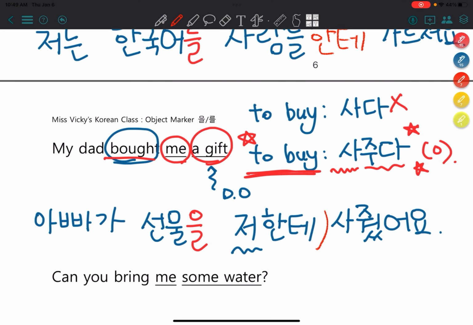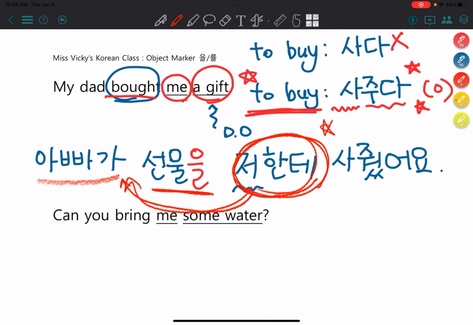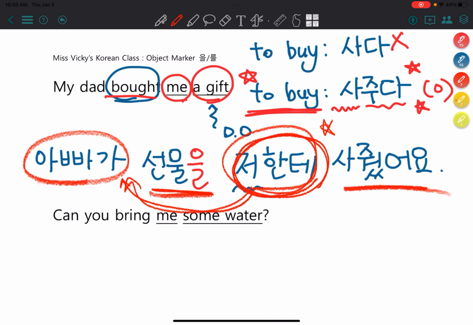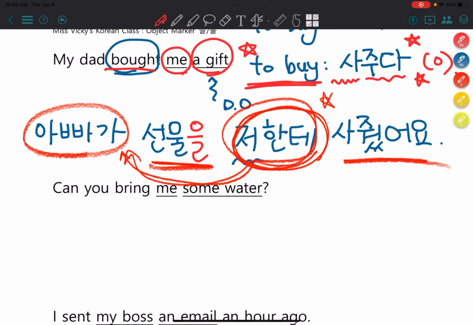Or actually guys, you can also put 저한테, the receiver, in front of the direct object. So you can also say 아빠가 저한테 선물을 사줬어요. 아빠가 저한테 선물을 사줬어요. How about this one, guys?